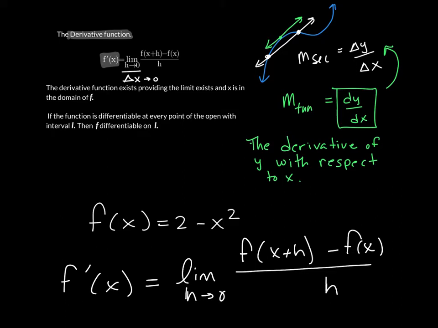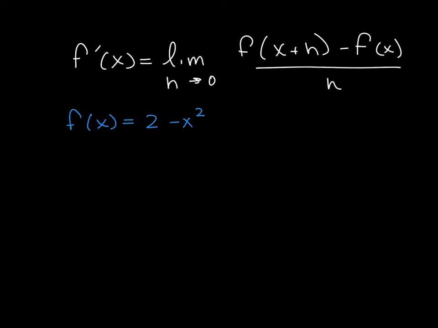And if you're thinking to yourself that all of this inside here looks familiar, you are right. That's the difference quotient from back in college algebra. Let's find the limit of this function as h approaches 0.